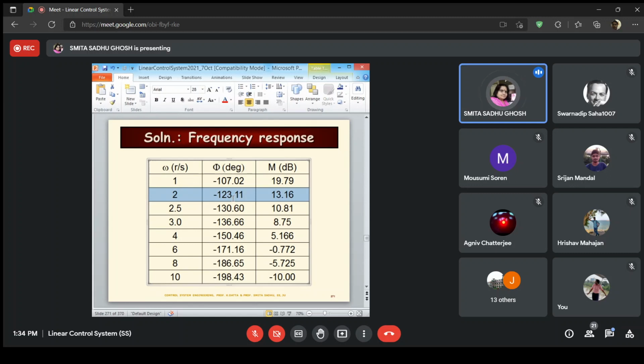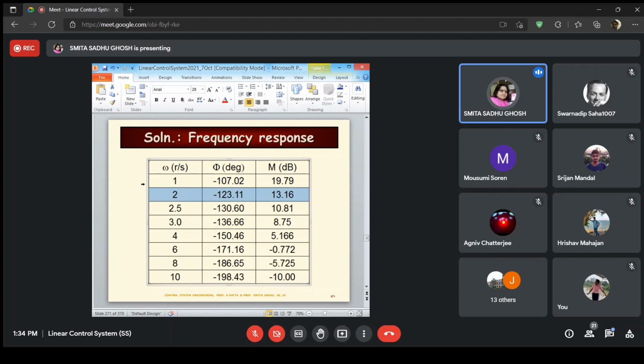So you can just say how much added lag will make this equal to minus 135 degrees. So how much will that be? You can see that it is around 12 degrees or so, vaguely I'm saying, without considering the decimal point. Okay, so minus 12 degrees of phase lag from the compensator, along with this minus 13 decibels, can make me use this frequency, that is 2 radians per second, as a possible frequency where I can place my lag compensator.